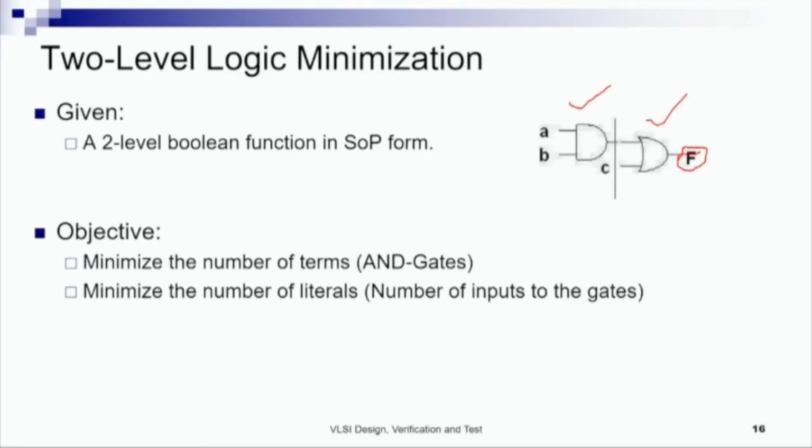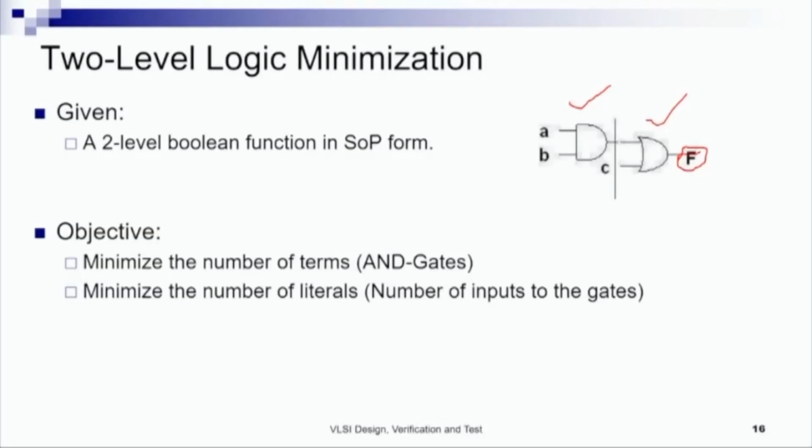So, many times multi-level logic expressions are used in place of two-level logic expressions. However, two-level logic expressions are still important because within these multi-level logic expressions, two-level logic expressions are required. Hence, we will study here the simplification procedures for two-level logic expressions.